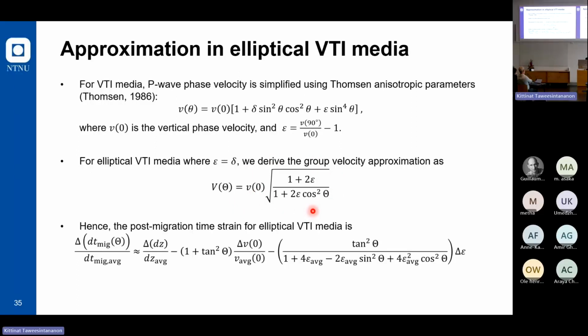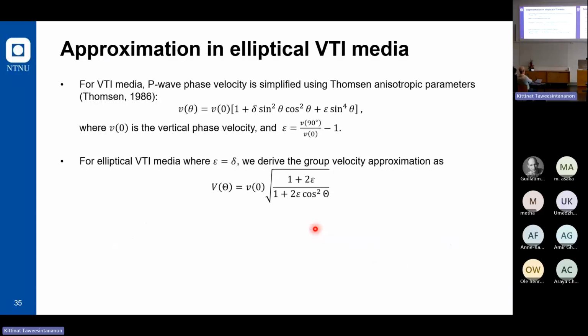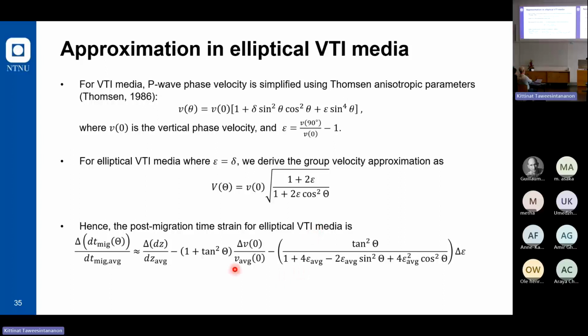Hence, the post-migration time strain for elliptical VTI media in the previous page can be factorized into these two terms. The first term is the vertical velocity strain, and the second term is the epsilon change, the change in anisotropy.